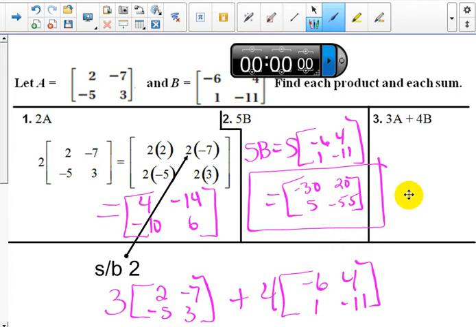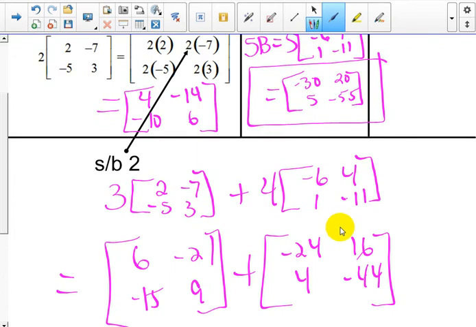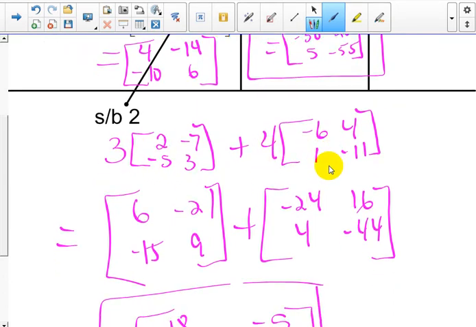Number 2 for 5B is negative 30 and 20 on the first row, and the second row is 5, negative 55. So that's the answer. Did anybody get anything different? Or any questions? Okay, the next one, you're going to multiply A by 3 and B by 4.